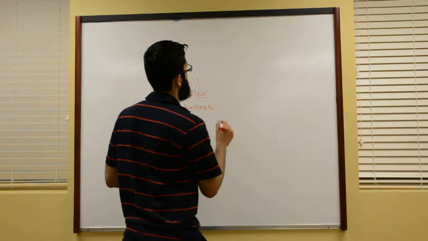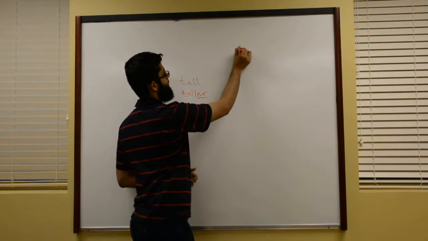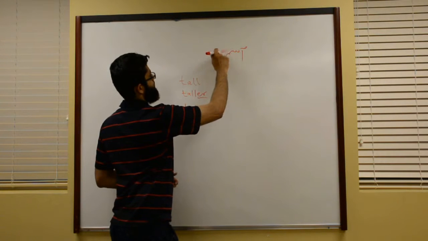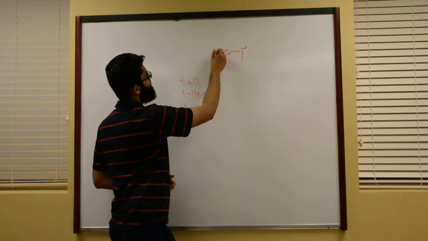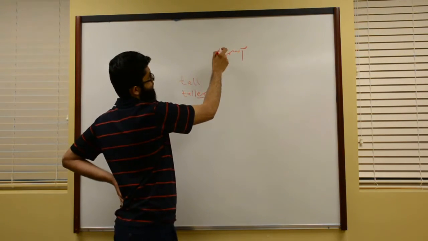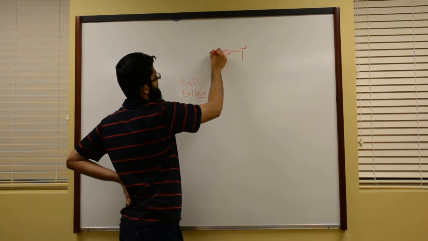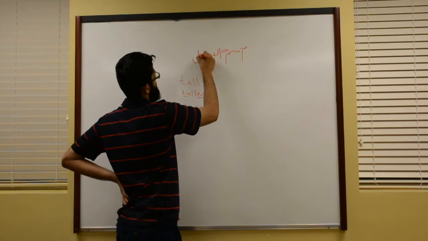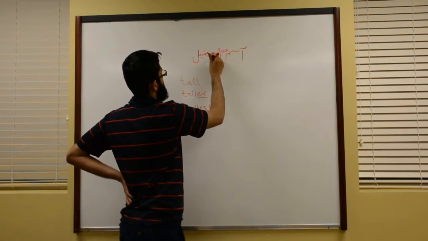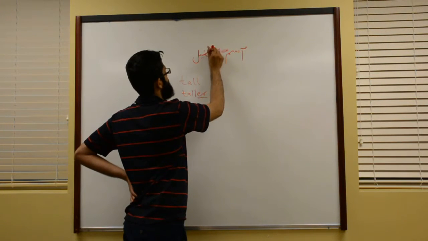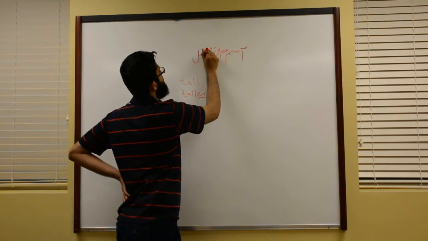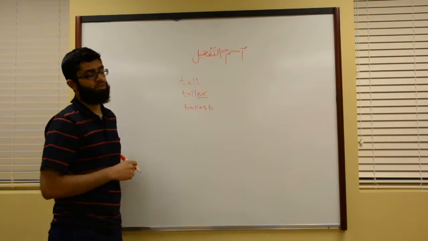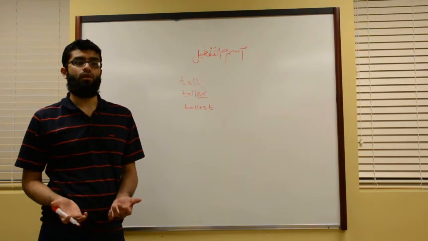It's called ism tafdeel. You don't have to know this name, but you do have to know the pattern. I'm just writing this. Tafdeel. Ism tafdeel just means comparative or superlative ism.